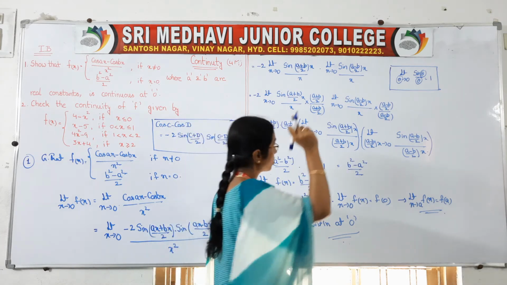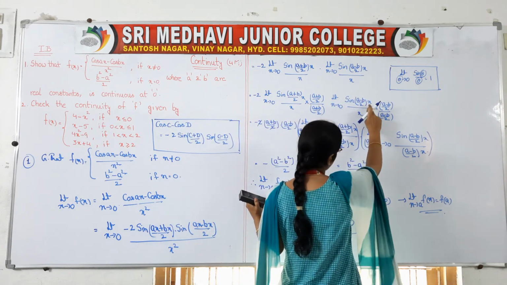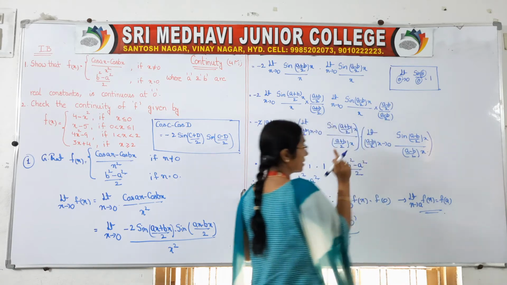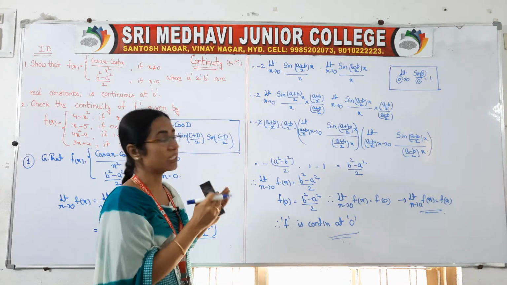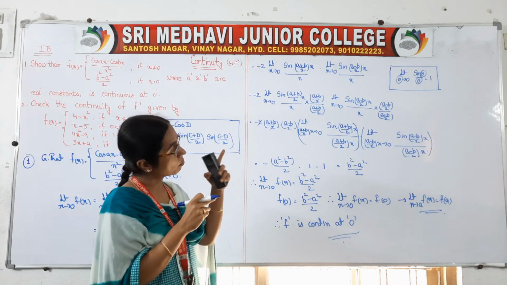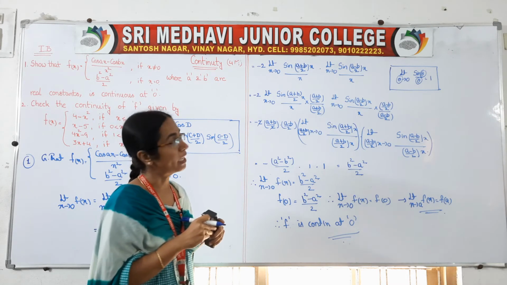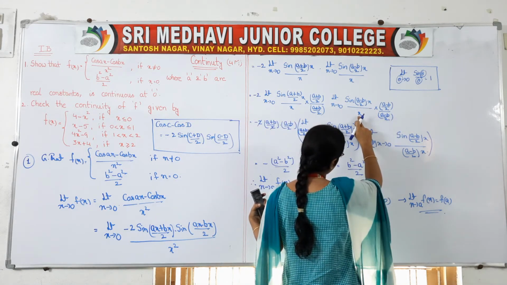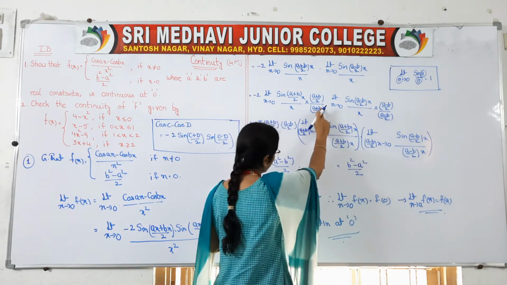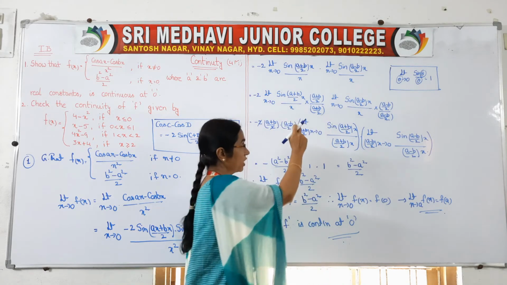Similarly, in this term, sine of (a minus b) by 2x by x is there, right? So that means downwards we want the (a minus b) by 2 form. So multiplying and dividing, this (a minus b) by 2 will come along with this x and (a plus b) by 2 will come along with this x.